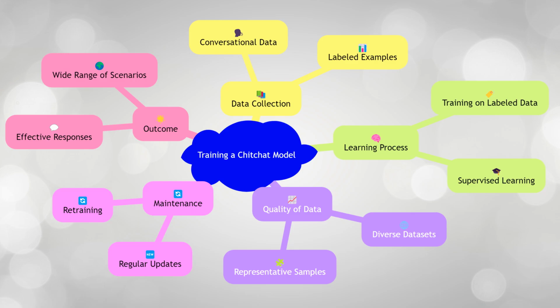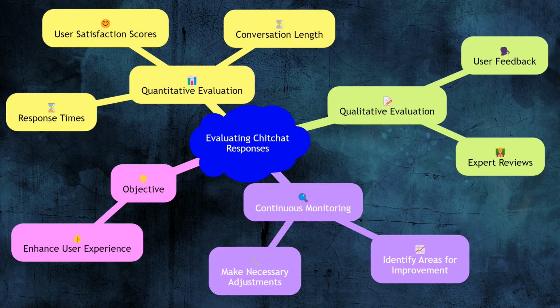Evaluating the effectiveness of chit-chat responses is essential to ensure they meet the desired objectives. This involves both qualitative and quantitative assessments. Qualitative evaluation includes user feedback and expert reviews to gauge the appropriateness and engagement level of the responses.